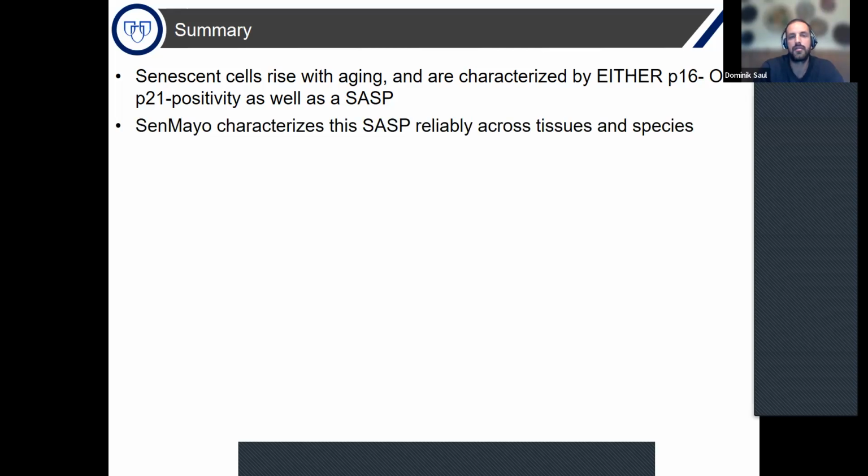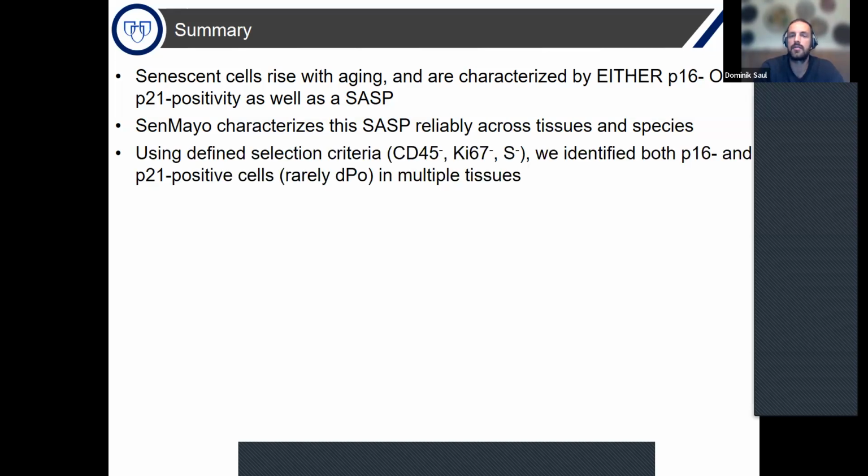We know that SenMayo characterizes the SASP reliably across tissues and species, and we use selection criteria, CD45 negativity, Ki67 negativity, to identify presumably senescent cells. You're right, Zhu, maybe we don't re-identify too many of them, but I think in this case it's better to have too many instead of too few.